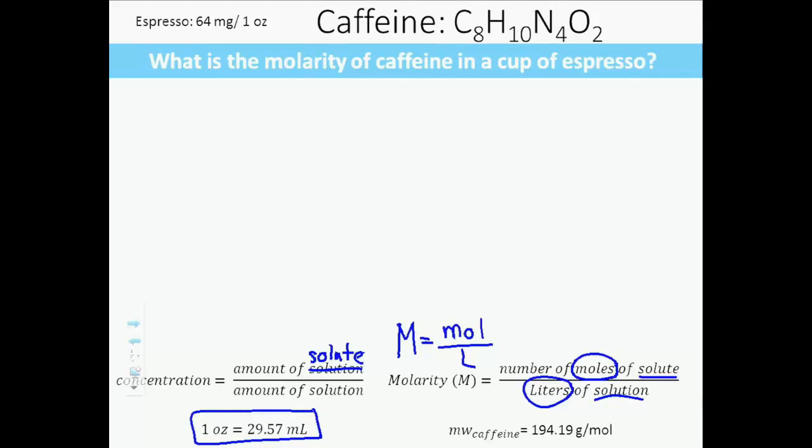Why did I want to give you that? Okay. Well, if we come back up here, we've got ounces. So we need to have something that allows us to convert to liters, because what we want to end up with in the end is liters. And additionally, here is our molecular weight of caffeine from the previous page. I just rounded it down to just 2 decimal points.